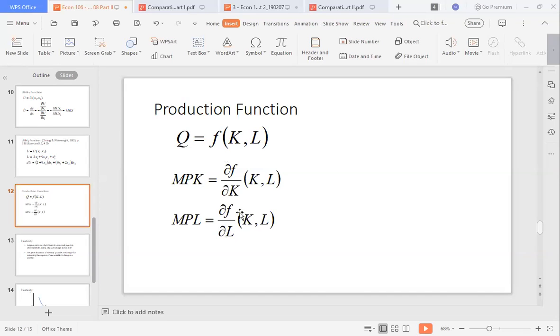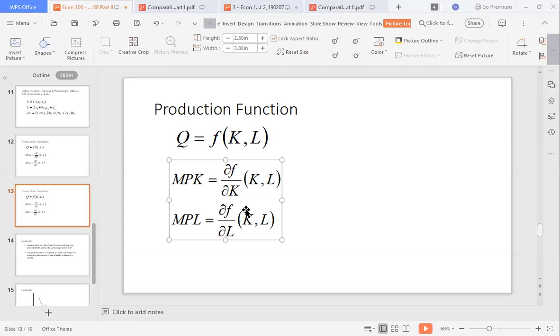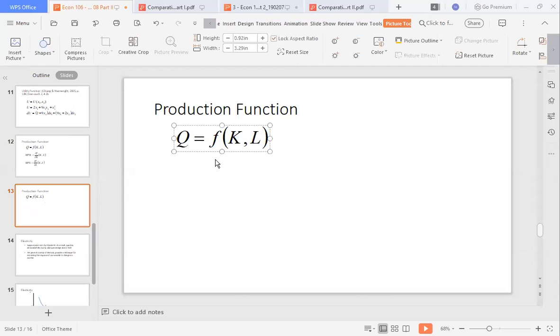So in this case, class, let's have a specific example. Let's have a Cobb-Douglas production function.